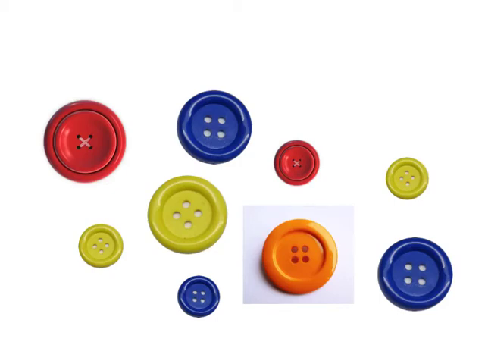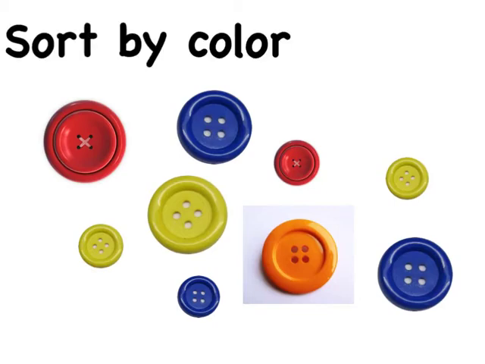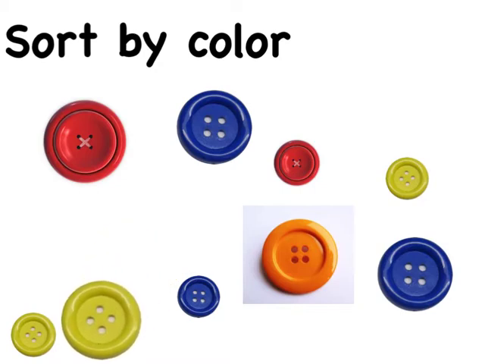I see that there are different buttons, and the characteristic we're going to sort by is color. So to do that, I take the buttons that are the same color and I group them together. This is called sorting. So here I've sorted all the buttons that are yellow.